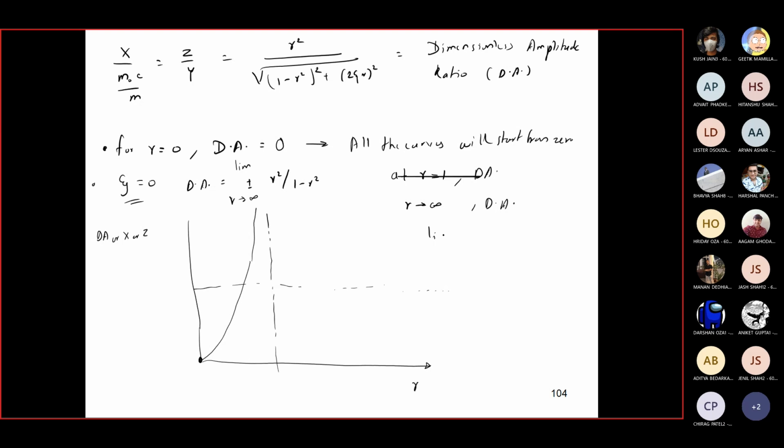So what will be the limiting value? Limit of plus or minus r square upon 1 minus r square as r tends to infinity. Under the limiting condition, the horizontal axis is going to infinity.